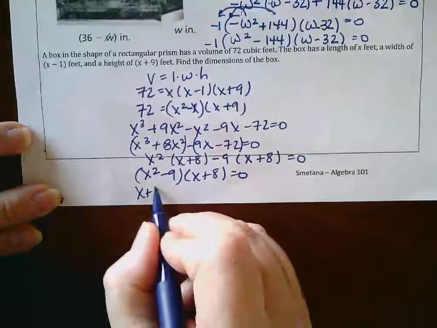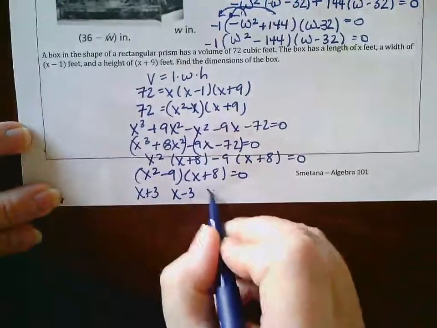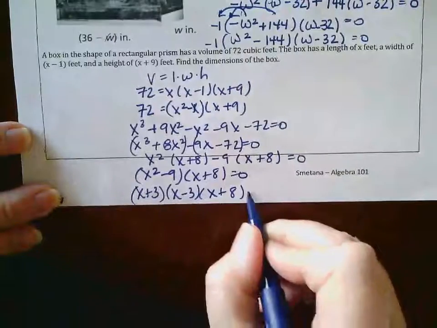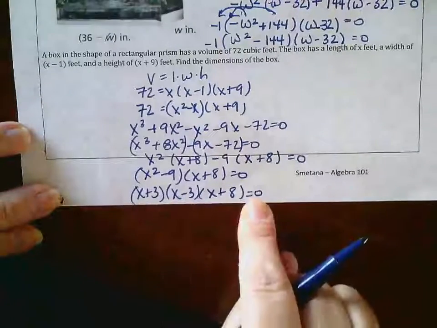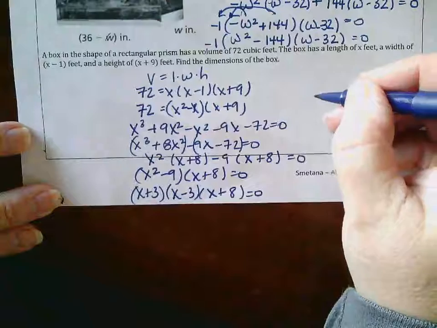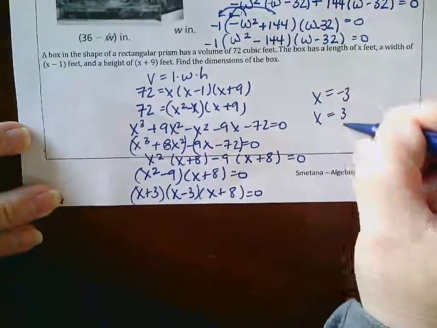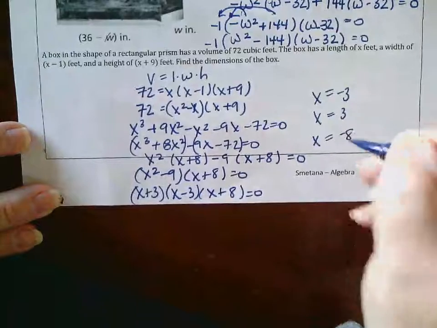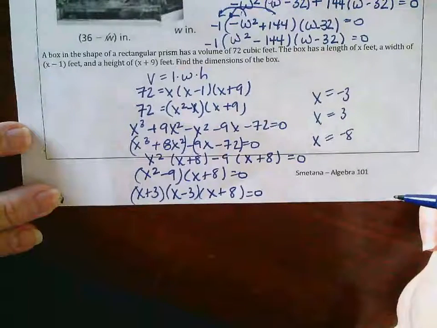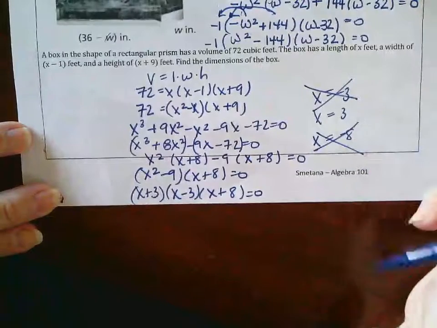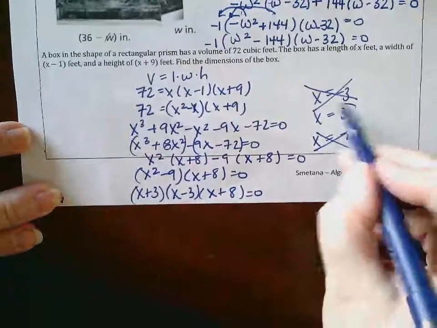Remember, this is x plus 3, x minus 3, x plus 8. Set each one of them equal to 0, and you will get x equals negative 3, x equals 3, x equals negative 8. Well, the distance of anything can never be negative, so it eliminates those answers.